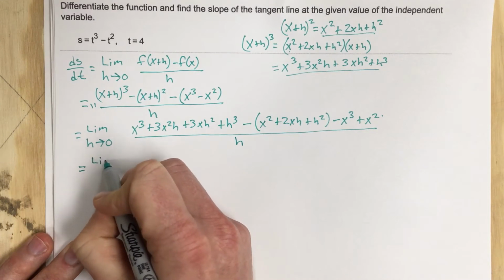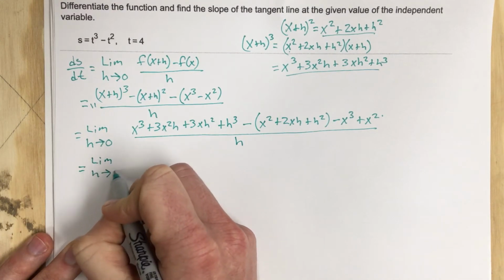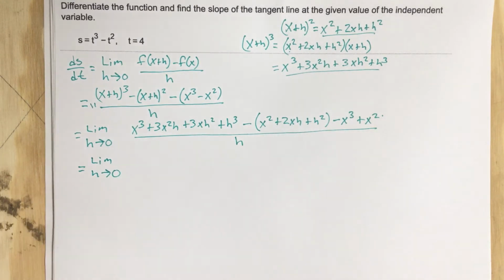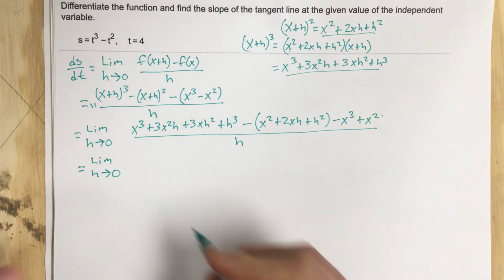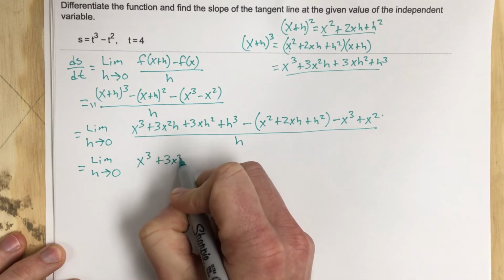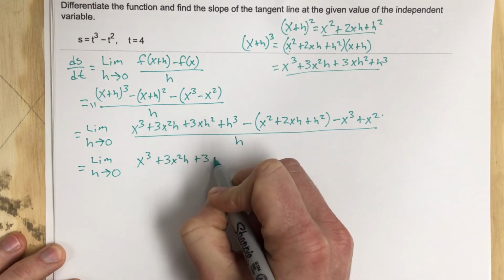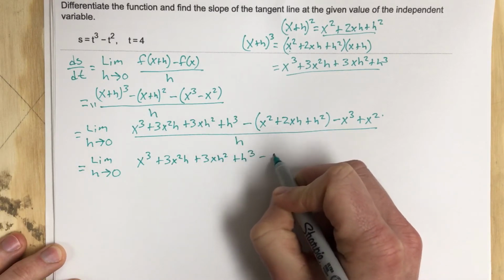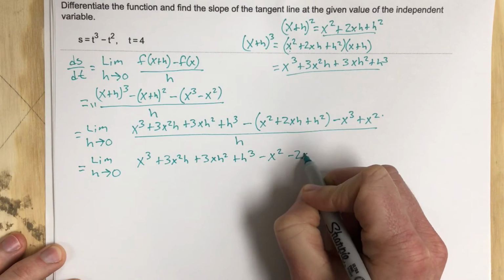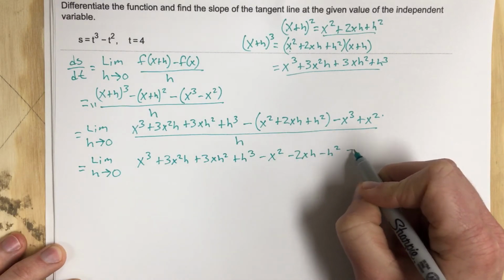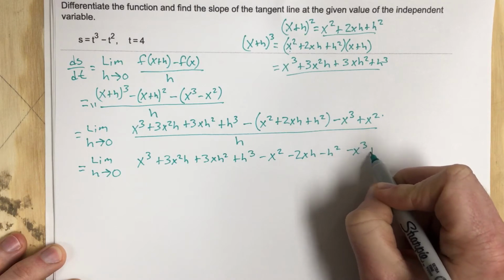So limit as h approaches 0, let's distribute this negative sign. We get x cubed plus 3x squared h plus 3xh squared plus h cubed minus x squared minus 2xh minus h squared minus x cubed plus x squared.